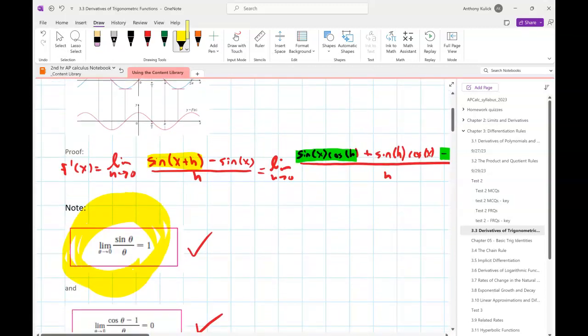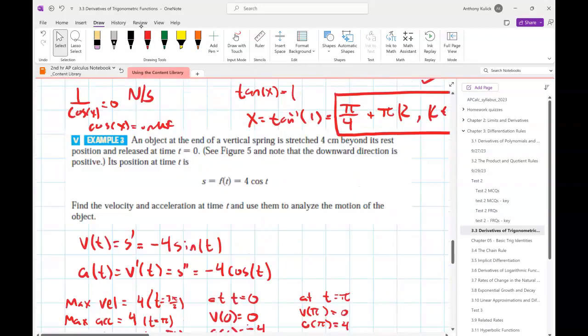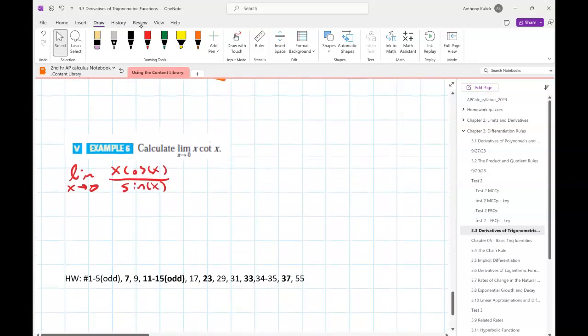I'm still going to be using this one. How do you know that it would be that one? Because I see that there is no adding or subtracting in this, and I have a sine and I have an x. So basically I have x over sine instead of sine over x. You see that? So I just have to come up with a clever way to write that so I have sine over x instead of x over sine. Anybody with that clever idea of how to do this?